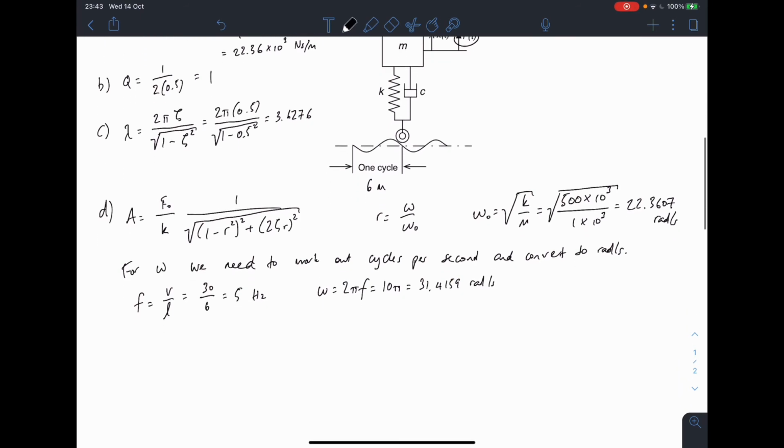And so r is going to be 31.4159 divided by 22.3607, which comes out to be 1.405.